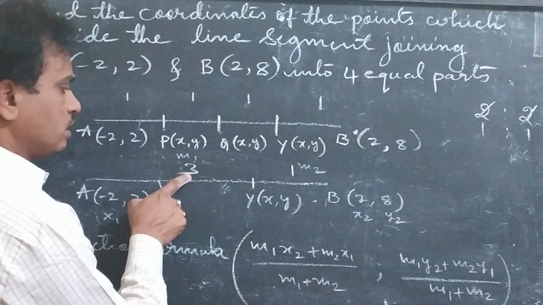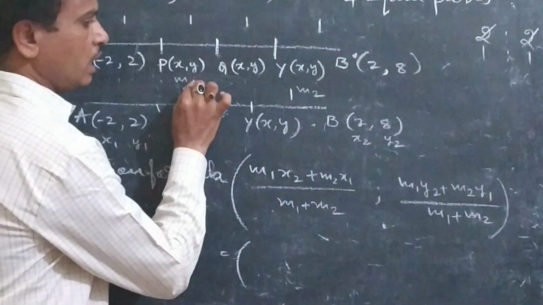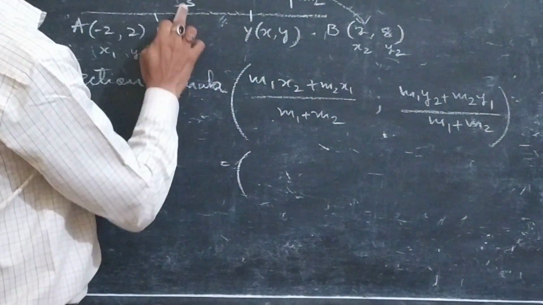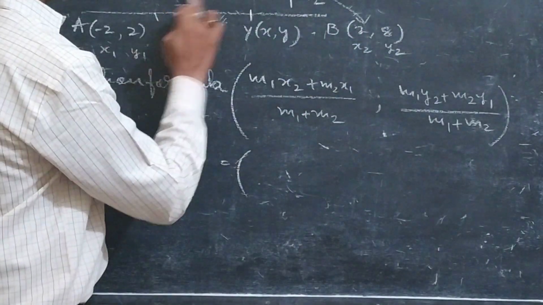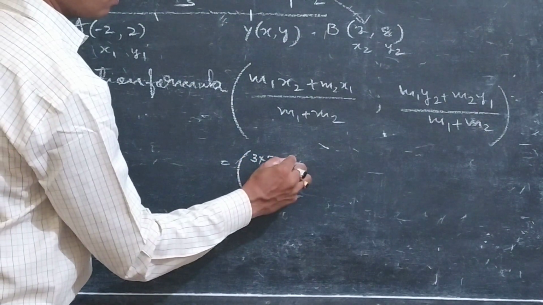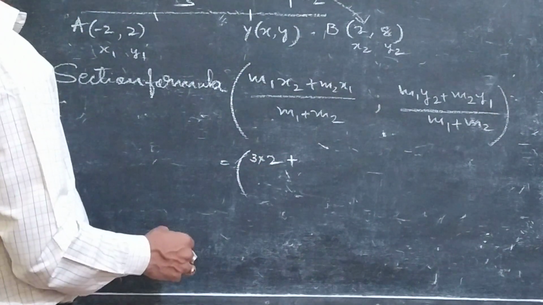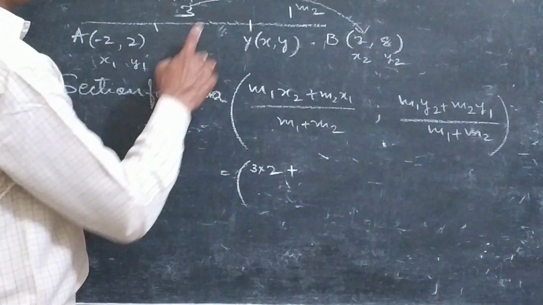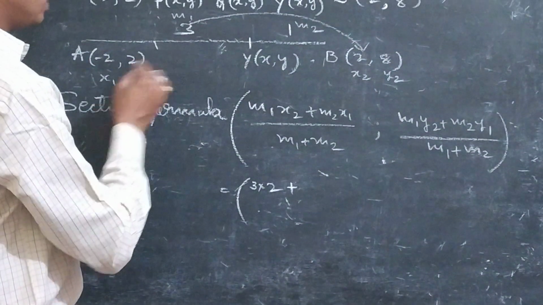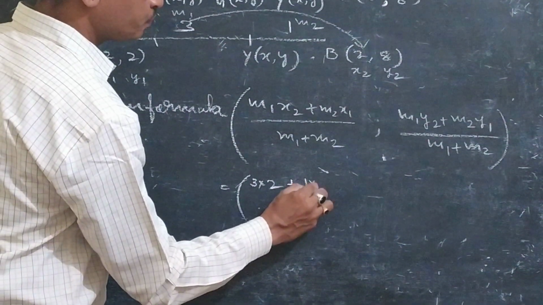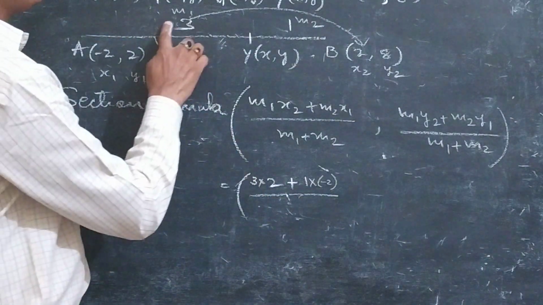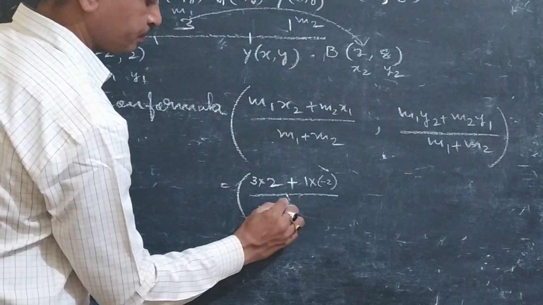Now m1 is 3, into x2 which is 2, so 3 into 2, plus m2 into x1. m2 is 1, so 1 into -2, whole divided by 3 plus 1.